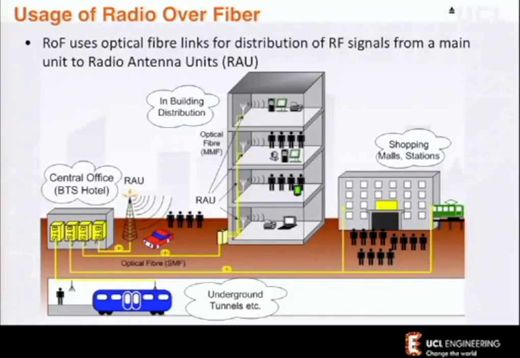Over multi-mode fibre, as you will often find installed. In underground tunnels, in shopping malls. So if you go shopping in the Bluewater Shopping Centre in Kent, it actually has something a bit like a Cloud RAN: optical fibre distributing analog signals, in this case, around to various parts of the shopping centre, and all the mobile operators hosting their equipment, their base stations, in a base station hotel within the premises.